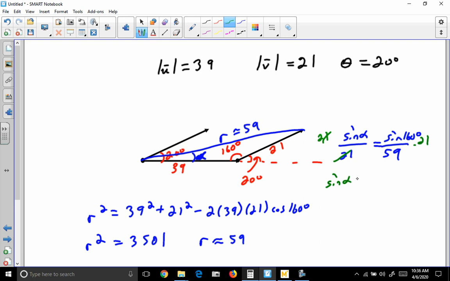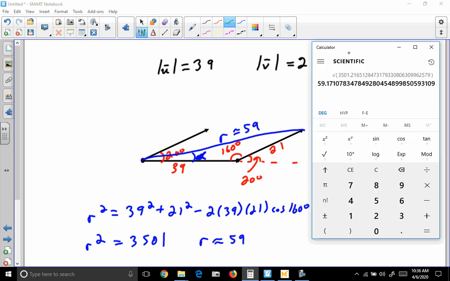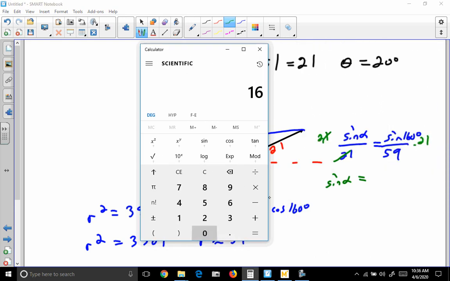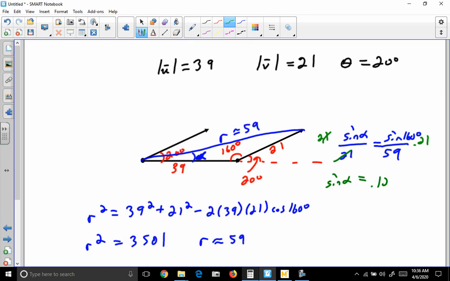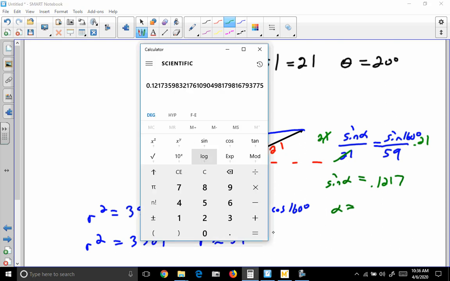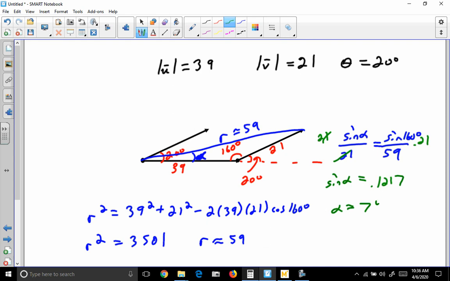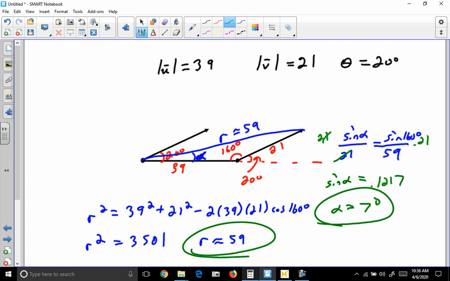So sine alpha is sine 160 times 21 divided by 59. So we get that decimal for sine. If we take inverse sine, then we can get alpha, so about 7 degrees. So that's this angle. And that's the magnitude of the resultant.